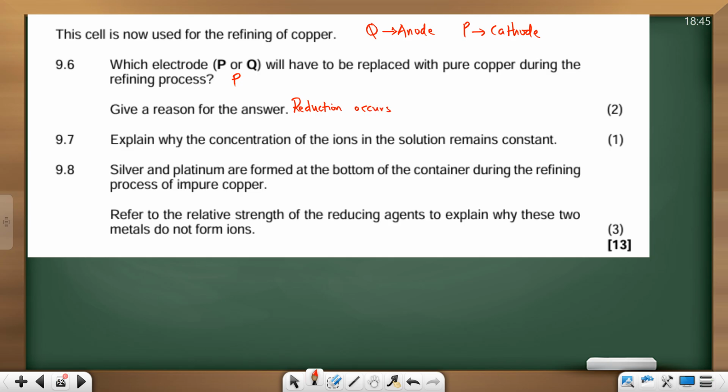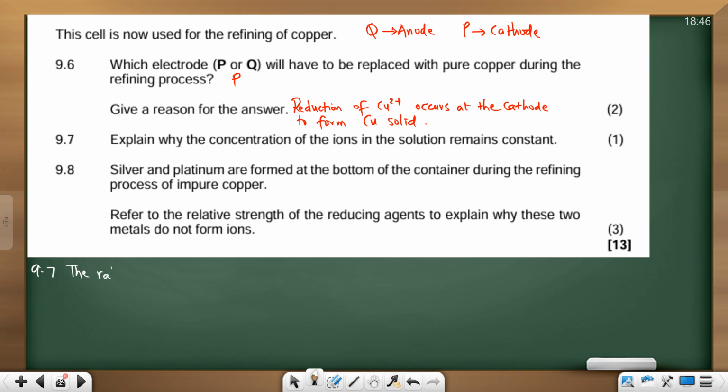Reduction of Cu2+ occurs at the what? Cathode. Remember, to form this, you don't need this, but just to explain further, to form what? Copper, what? Solid. Explain why the concentration remains the same, like we did last week.